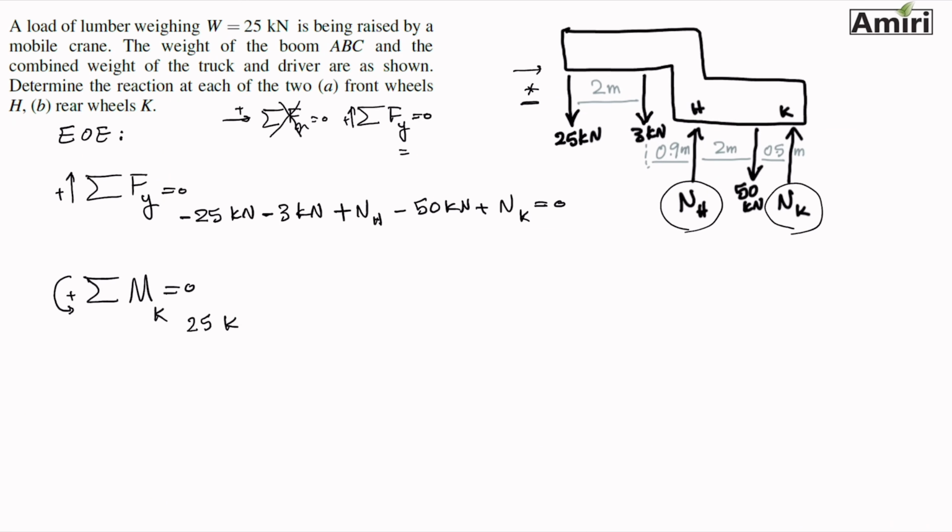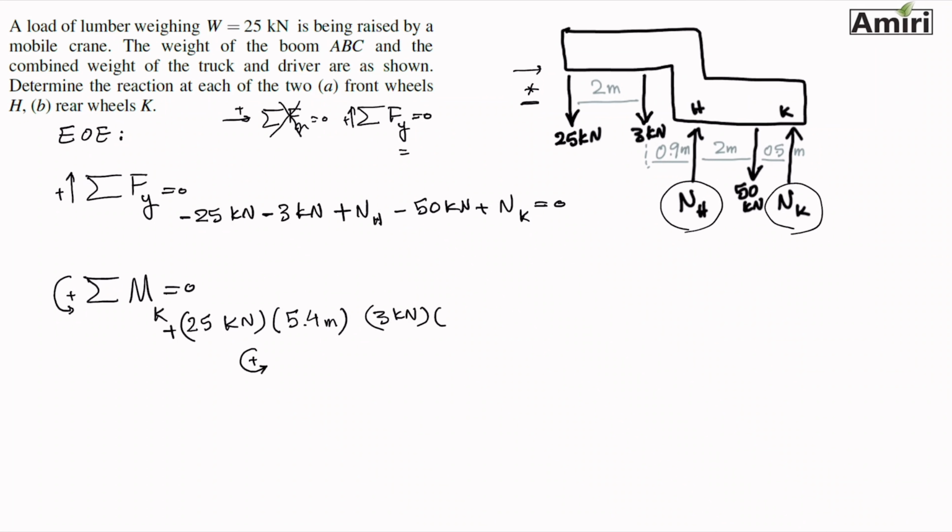25 kilonewtons, and that's multiplied by 2 plus 0.9 plus 2 plus 0.5. That is 5.4 meters. The rotation that is causing is this way. It is with my sign, so that's going to be positive. Next, I move on to the 3 kilonewtons.